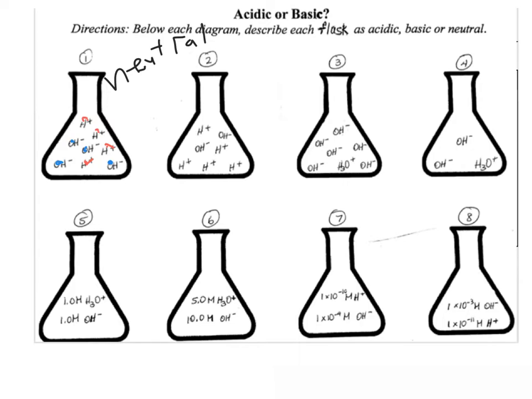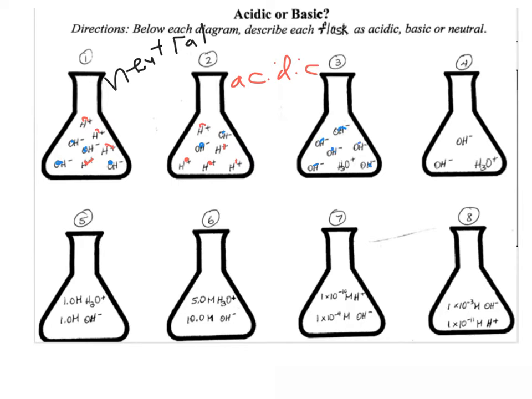I've got, as far as acids go, H plus, H plus, H plus, H plus, H plus, and I've only got 2 hydroxide ions this time. So I have 5 H plus ions. That's way more. That's going to mean that this thing is acidic. If we keep going, I've got a couple of bases. I've got OH, OH, OH, OH, OH, OH, OH.